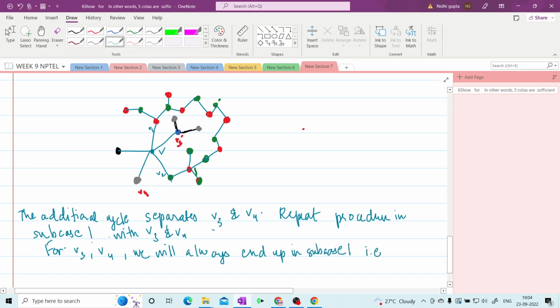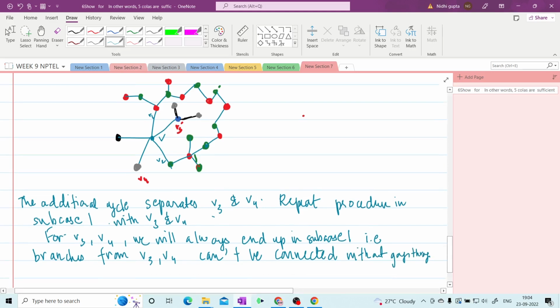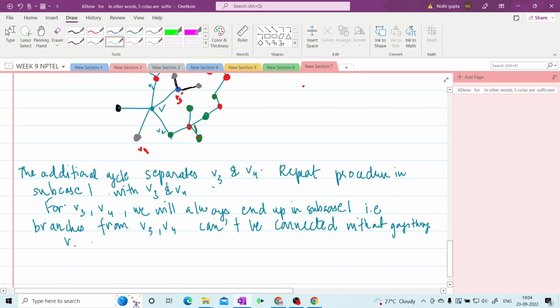That is, branches from V3 and V4 can't be connected without going through this path.